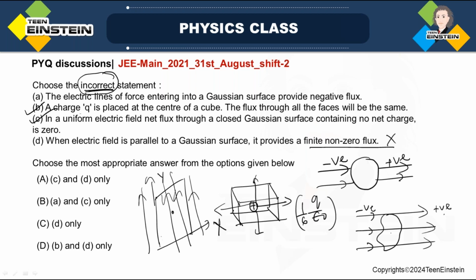At least the electric field line should have some component in the direction perpendicular to the Gaussian surface, so that you have some flux. So here this is actually not true. So only option D will be incorrect over here.